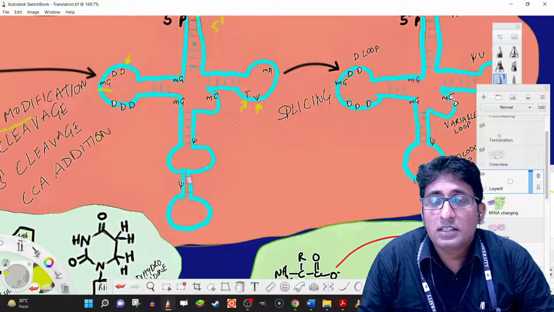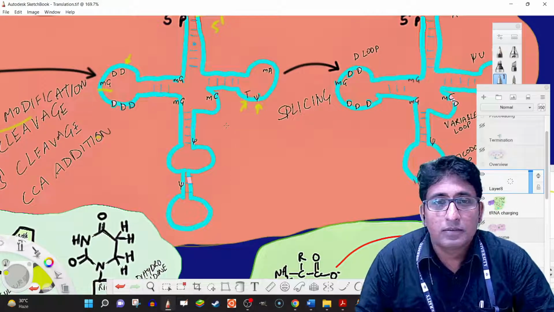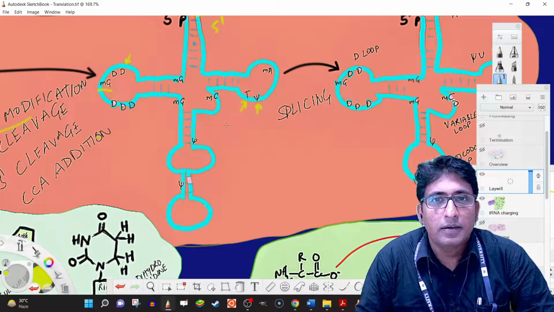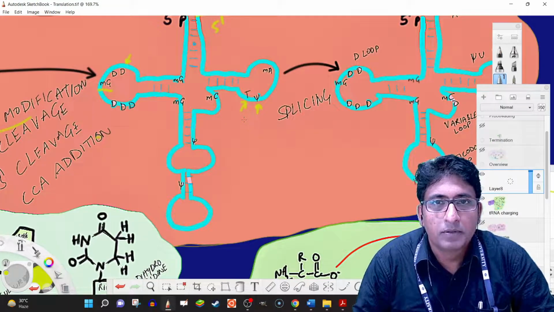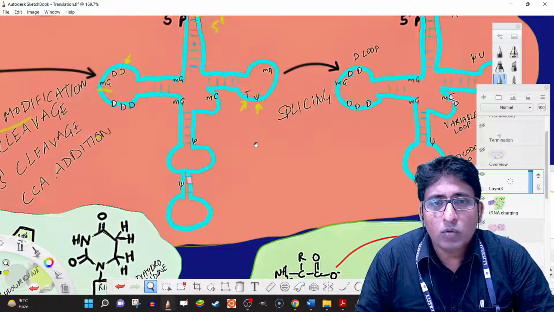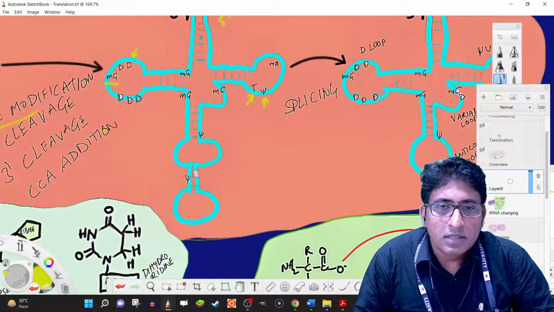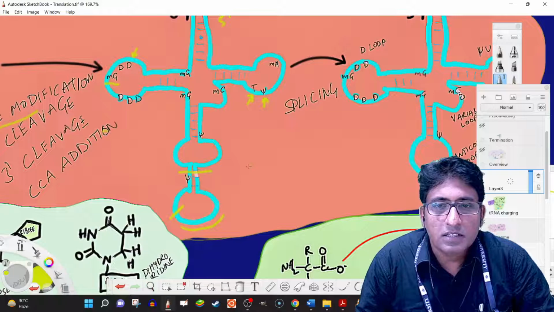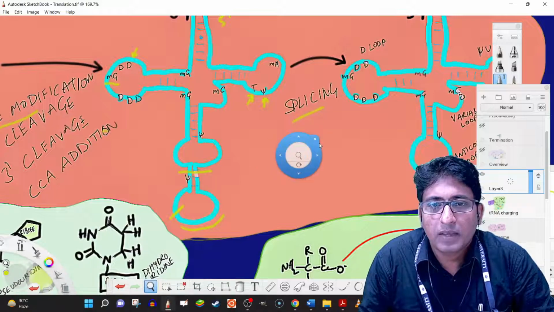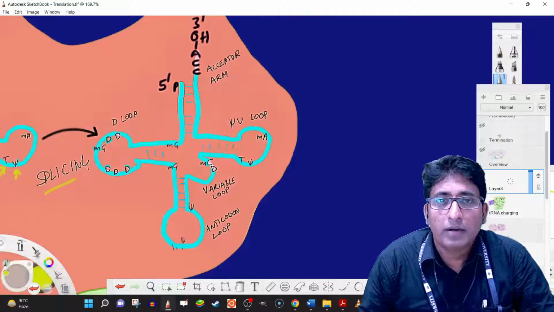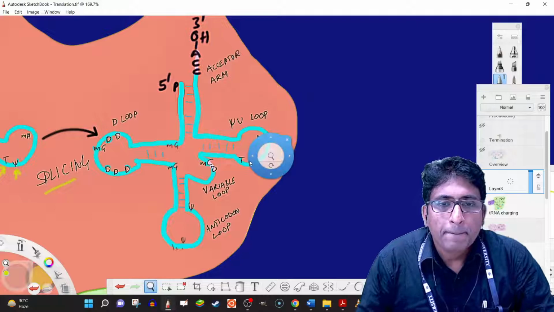Here T is a methylated uracil, which is normally not present in RNA, and is a nitrogenous base of the DNA. And there is also another aspect: some part of the tRNA, say this whole part, is cut out, and that is the event of splicing, and now we have a completely mature tRNA.